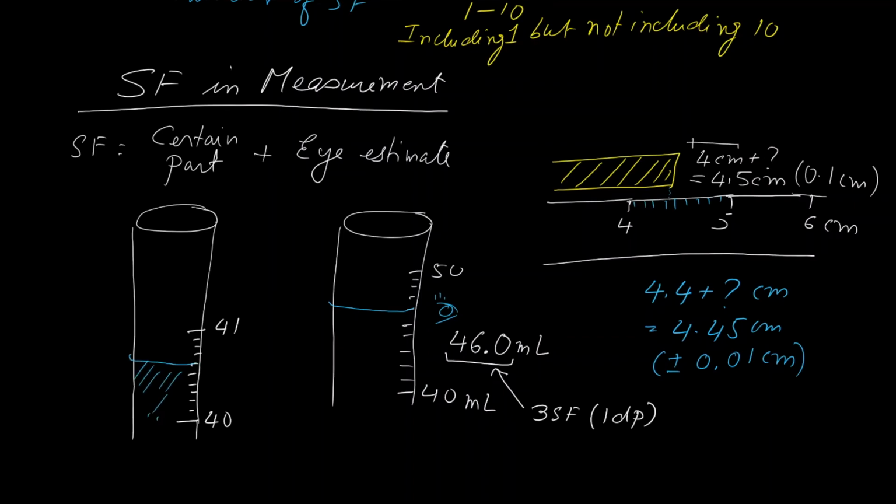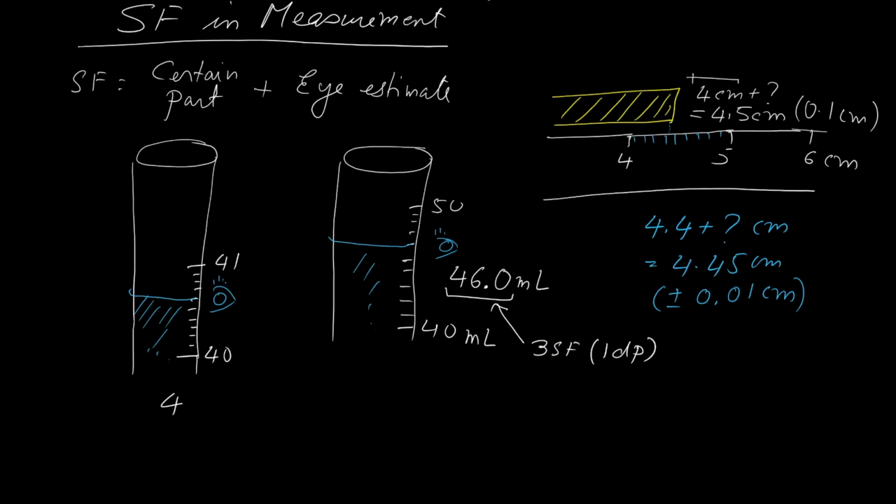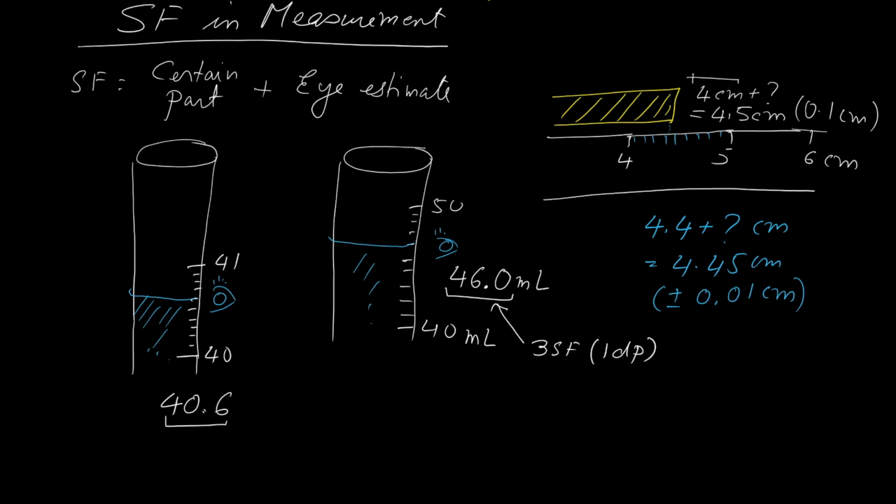So if you place your eye here and measure it, then I can certainly say that this is 40.6 with certainty, and then I make my estimate, making it 40.60, so that is 4 significant figures with 2 decimal places. That means this burette is more accurate than the cylinder.